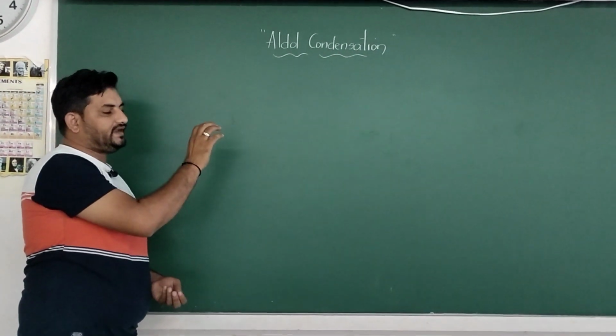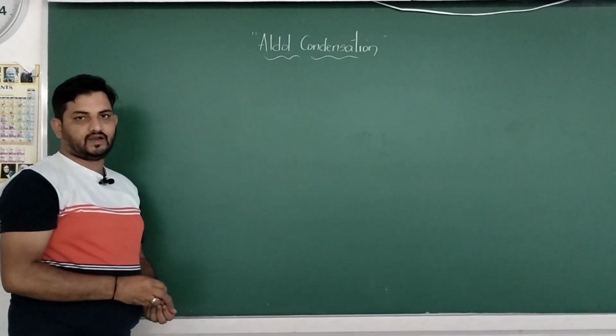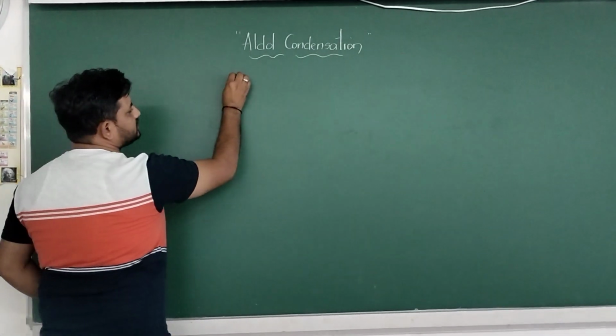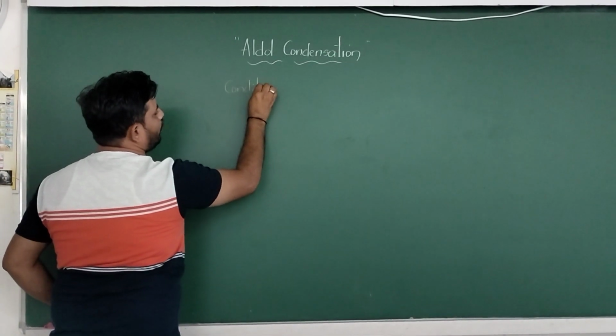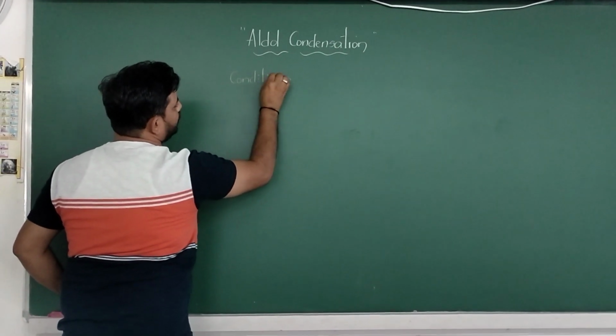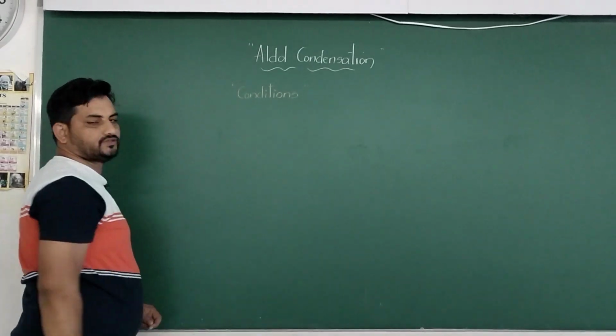Now, before we have a detailed understanding of this aldol condensation, we need to study some of the conditions that are necessary for an aldehyde or a ketone to undergo aldol condensation.